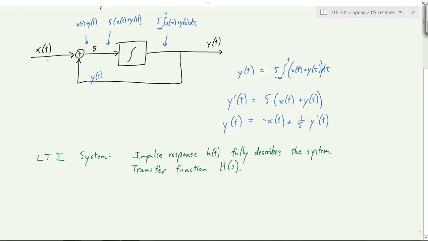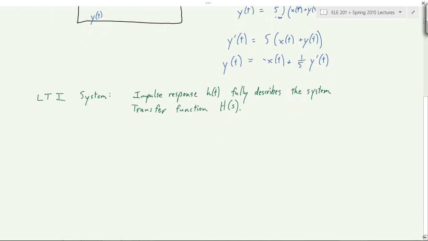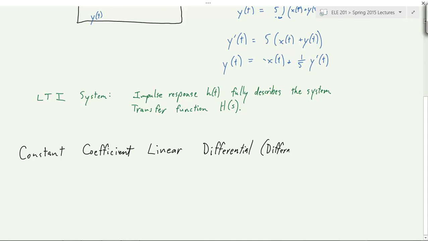So I want to generalize this problem and say, suppose you have an arbitrary constant coefficient linear differential equation. Okay, so you get something for free out of this class.